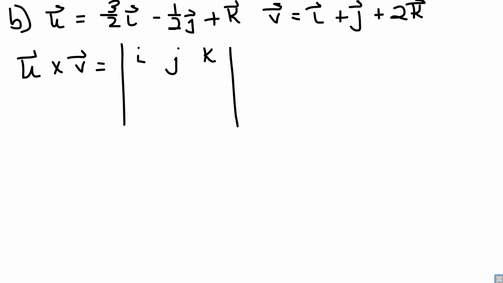So we're going to put in 3/2, negative 1/2, 1. And then the third row will be the coefficients for vector v. So we're going to put 1, 1, 2. All right. So I'm going to give you guys a couple of minutes to find what this vector will be.